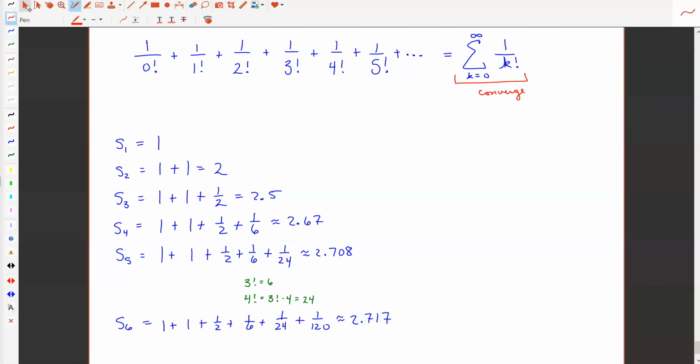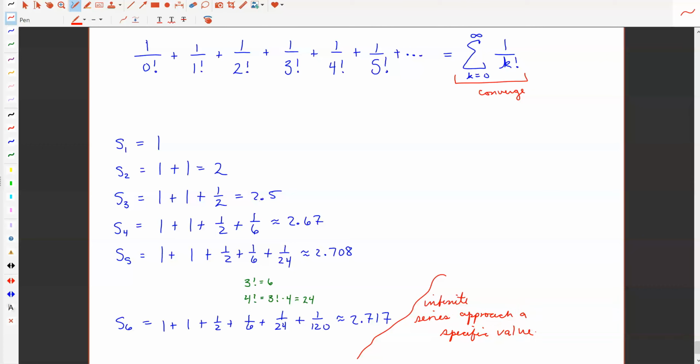And what's going to happen is that these partial sums, if we keep going and look at the infinite series, just keep computing these out, keep adding terms, they will approach a specific value.